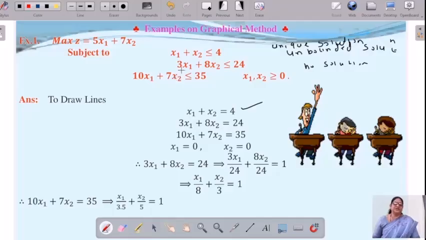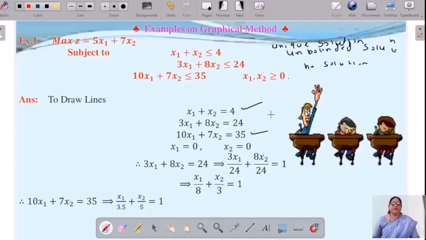The second constraint, 3x1 plus 8x2 less than or equal to 24, becomes 3x1 plus 8x2 equal to 24. And the third constraint, 10x1 plus 7x2 less than or equal to 35, becomes 10x1 plus 7x2 equal to 35.